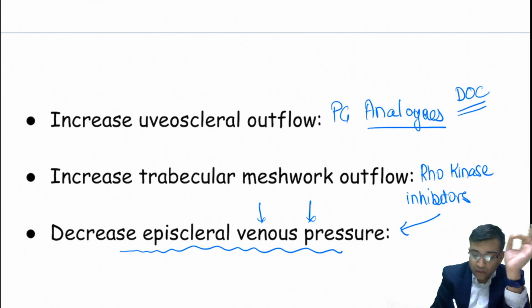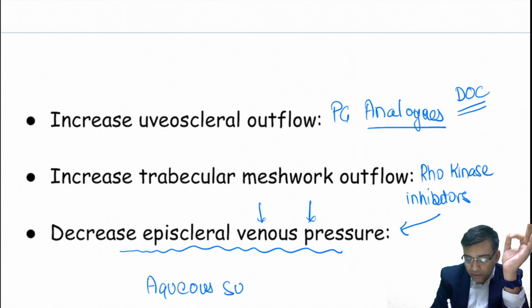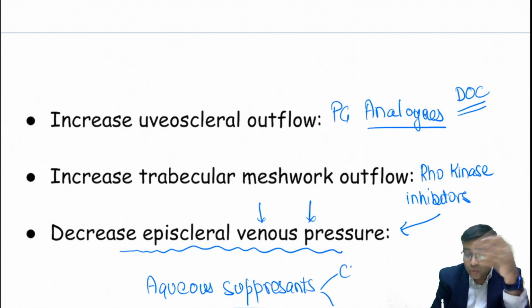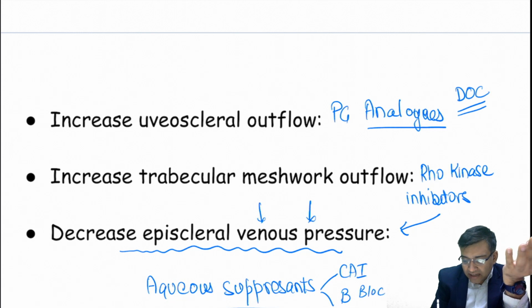the Rho kinase inhibitors can also work. Now we have the most primitive ones, which are called aqueous suppressants. The carbonic anhydrase inhibitors that I told you about, brinzolamide and dorzolamide, are aqueous suppressants, and a very important one is the beta blockers. We all know the beta blockers are timolol and betaxolol.